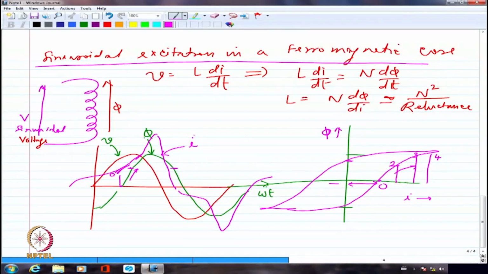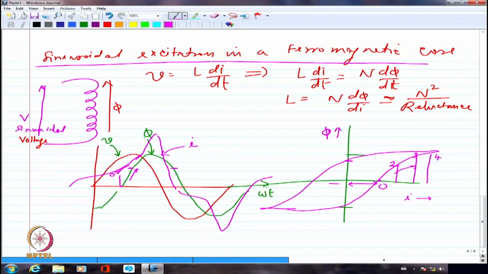But most of the time, when we actually look at the transformer functioning, for example, initially when the flux is established, the current drawn by the transformer is known as the magnetizing current. It is magnetizing basically the core and it is establishing the flux. That magnetizing current is really small because of the permeability of the iron being so high.